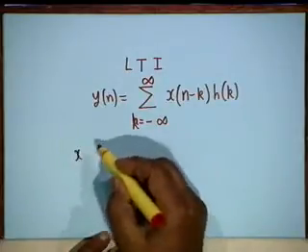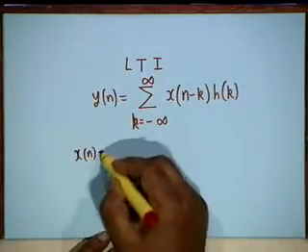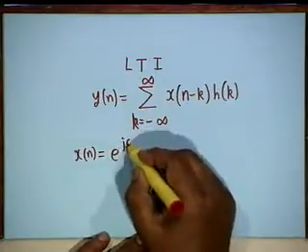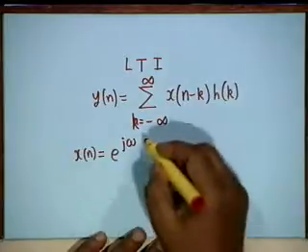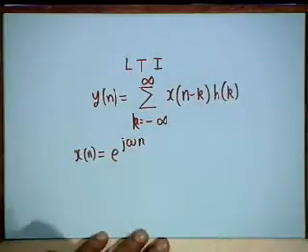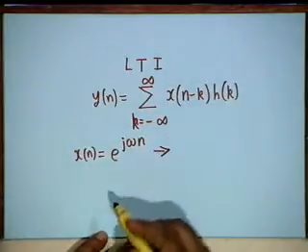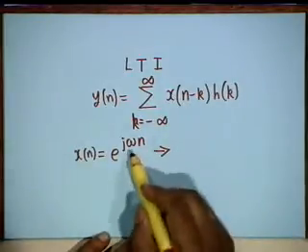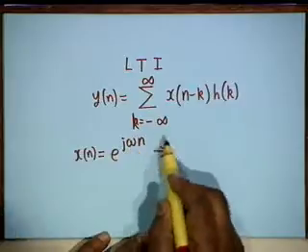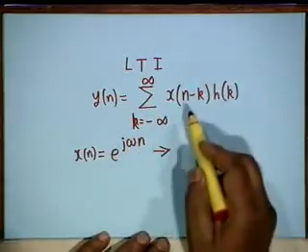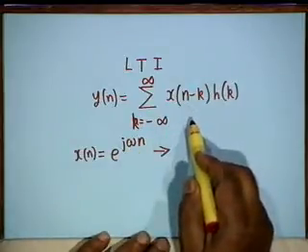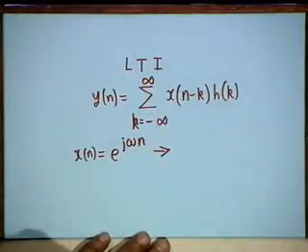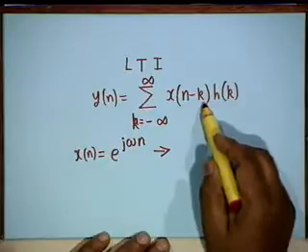Now, if to this system we apply an input x of n equal to e to the power j omega n, then for the corresponding output, you put here x of n minus k equal to e to the power j omega (n minus k). Then the e to the j omega n term can be taken outside the summation, because the variable of summation is k.